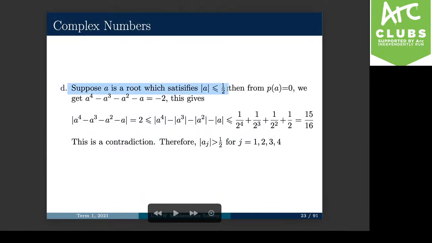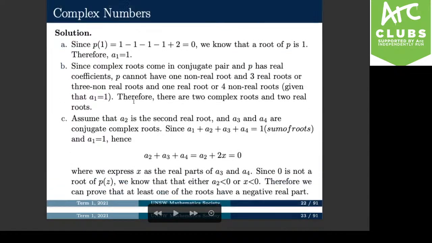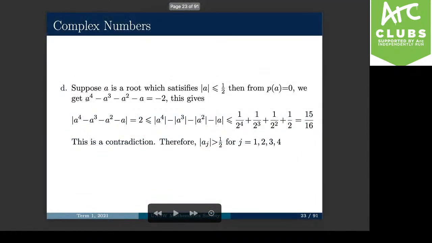Then a is a root that satisfies the polynomial, so P(a) will just be 0. If we sub it into the given polynomial, we get a to the power 4 minus a cubed minus a squared minus a equals minus 2, because P(a) is 0. So we move the 2 to the right hand side, and we get this result.